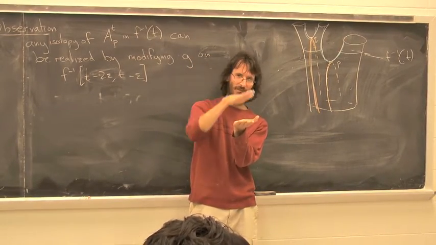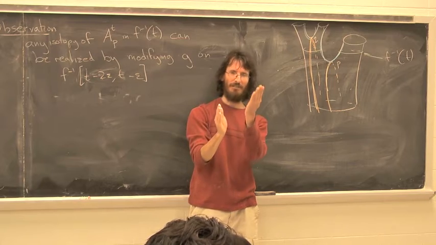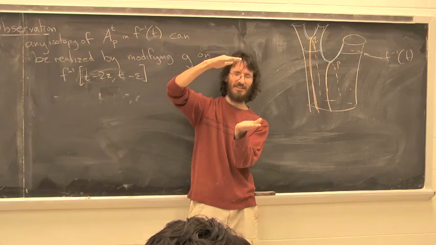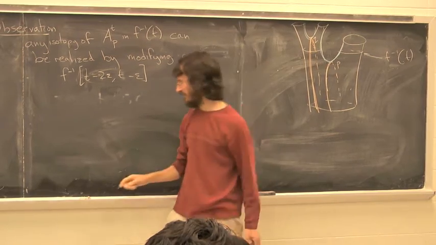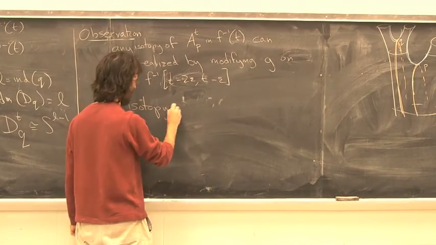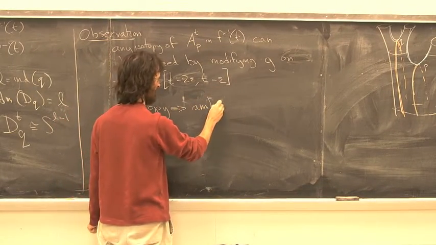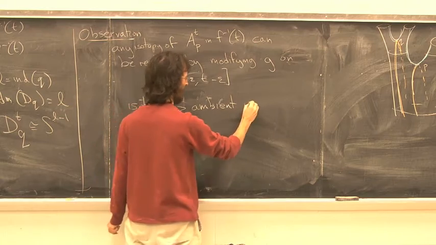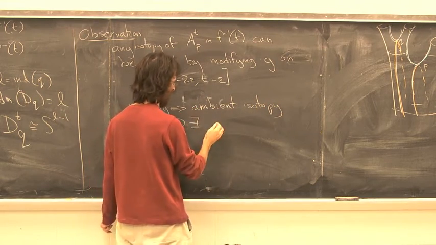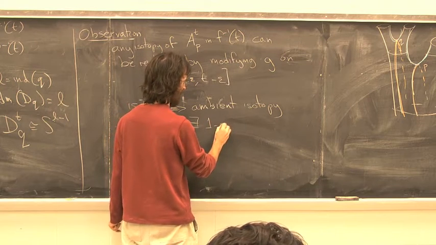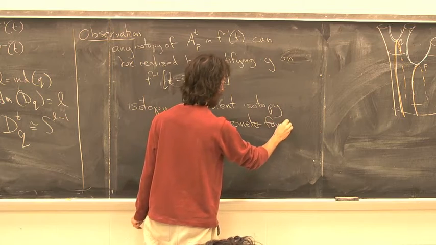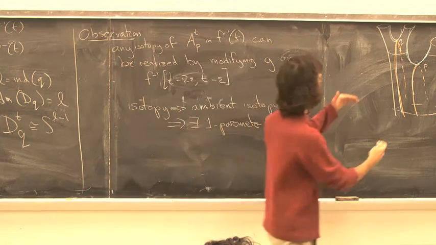And an ambient isotopy can be realized as the flow by a vector field on the product manifold. Remember, ambient isotopy is when you're moving the space things are embedded in. It implies there exists a one parameter family of vector fields.